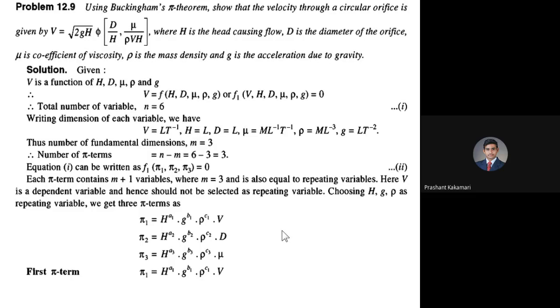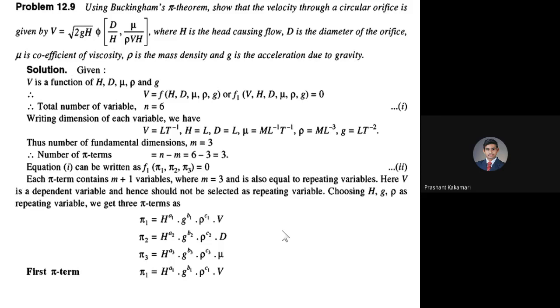Once you considered h, g, rho, we are left with v, d, mu. So take v, d, mu with the pi terms. So pi 2 I can write as h raised to a2, g raised to b2, rho raised to c2 into mu or into d.